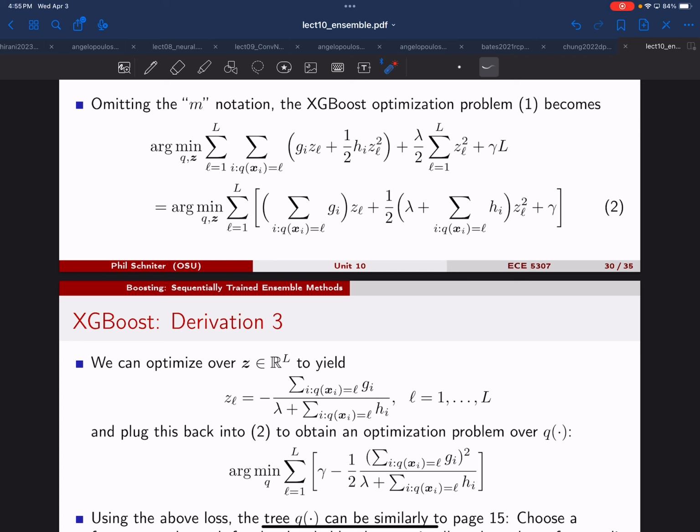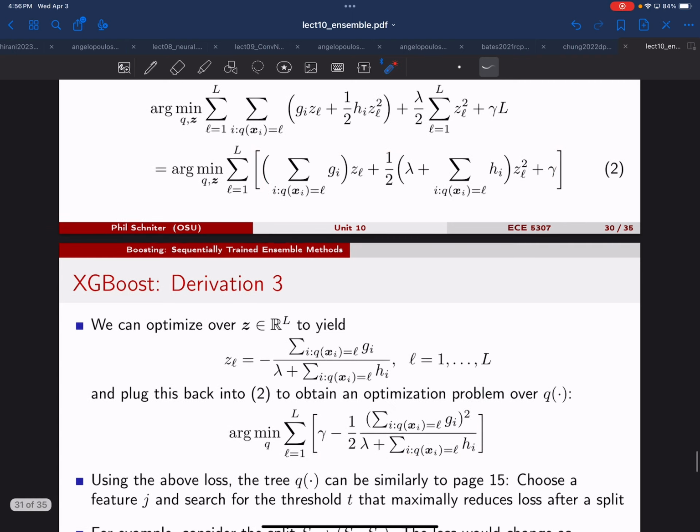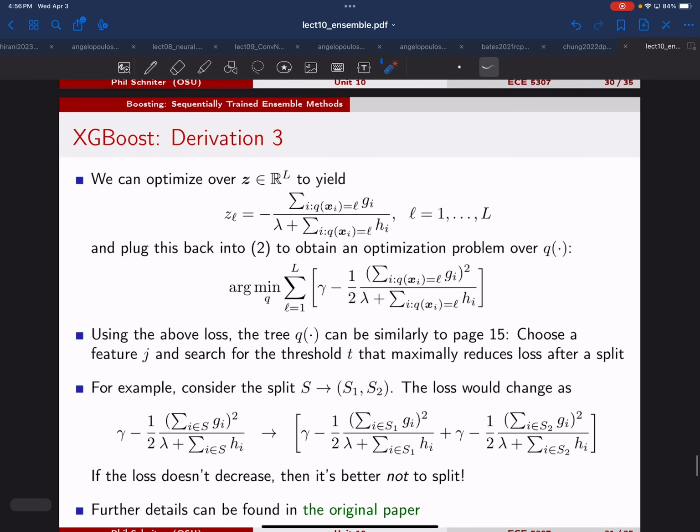You then plug that expression for ZL back into this, and this whole thing simplifies to give you this expression. So essentially, this is now the loss that we want to use to design our tree.